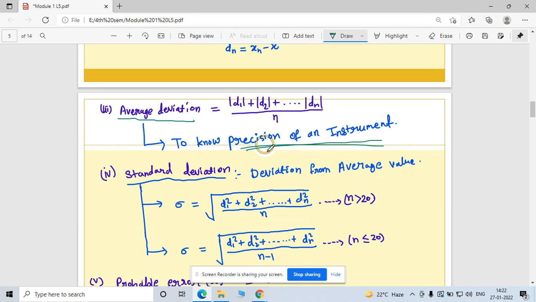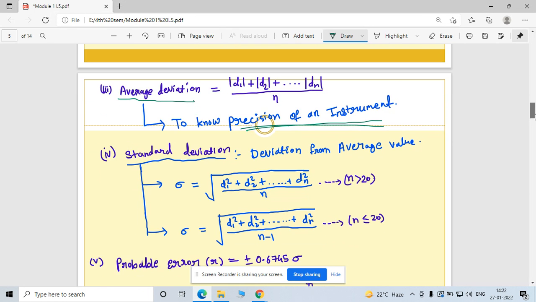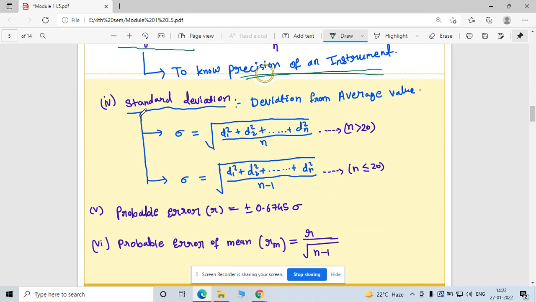I already explained what precision is, right? Standard deviation is a deviation from the average value, denoted by sigma. Sigma is the square root of the sum of the squares of all deviations divided by the number of terms n.